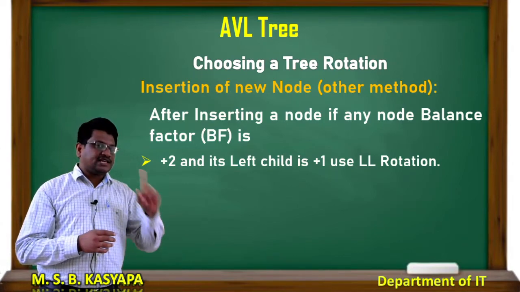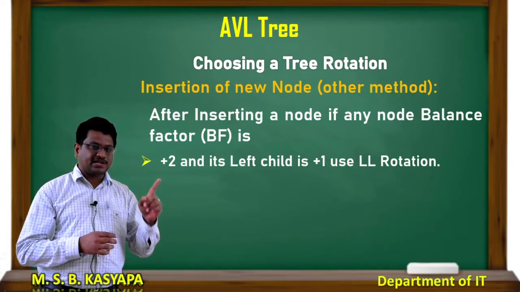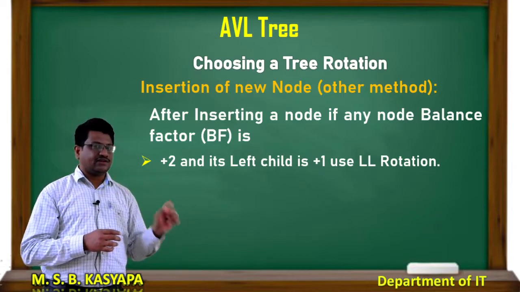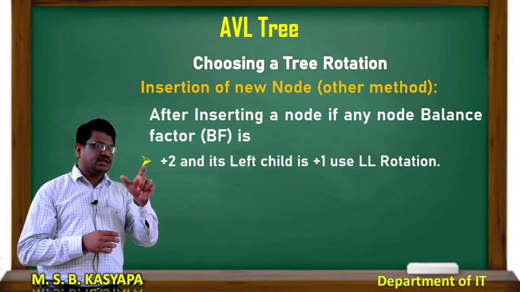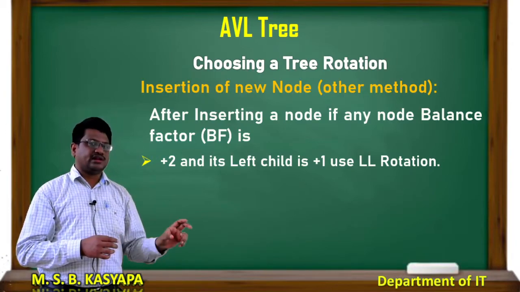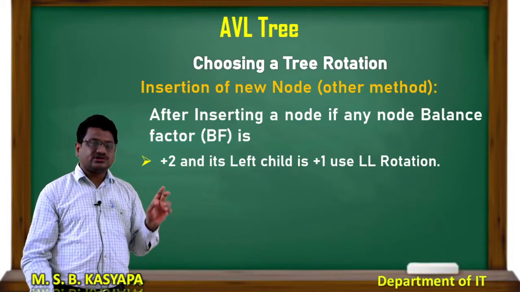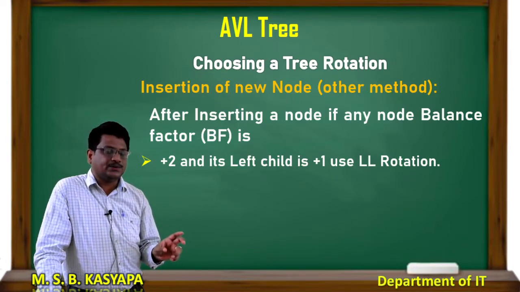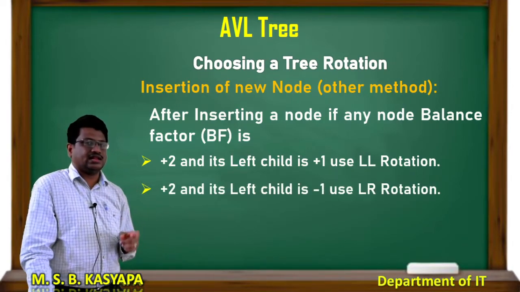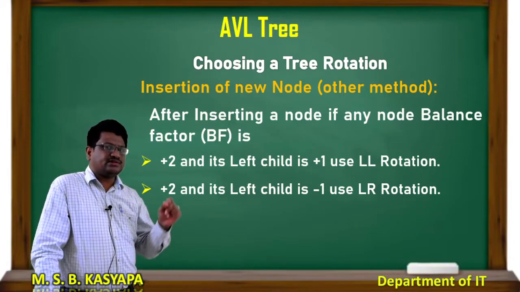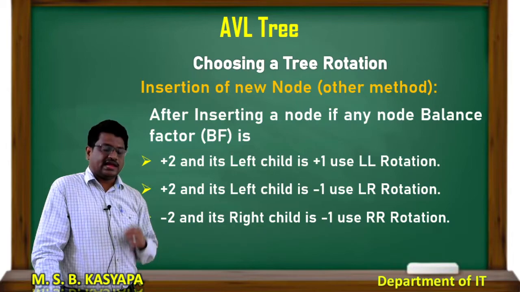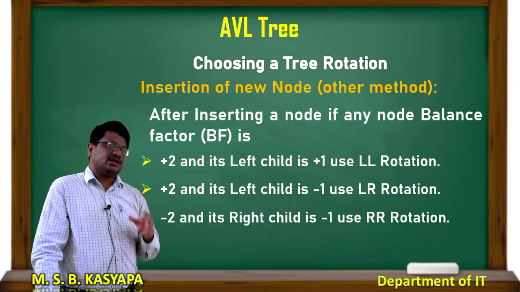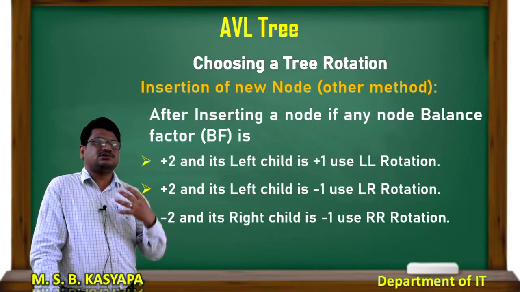If any node has plus 2, I have to check the balance factor of that node's left child. If it contains plus 1, then I have to use an LL rotation. Otherwise, if it has -1, then I have to use LR.